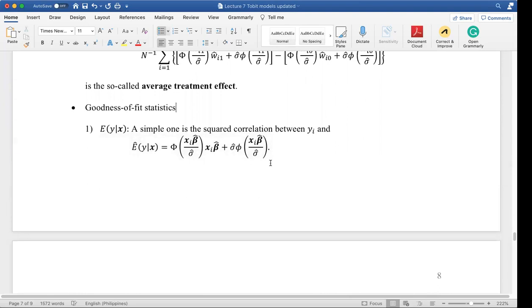Okay, so that is just consistent with the usual interpretation of the R squared in our multiple linear regression model. The R square is just the square of the correlation between the actual y's and the predicted y's.